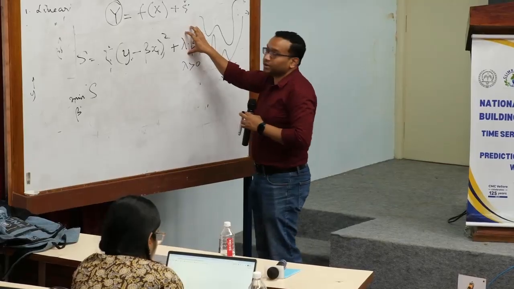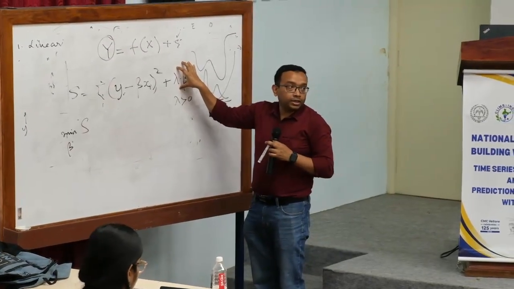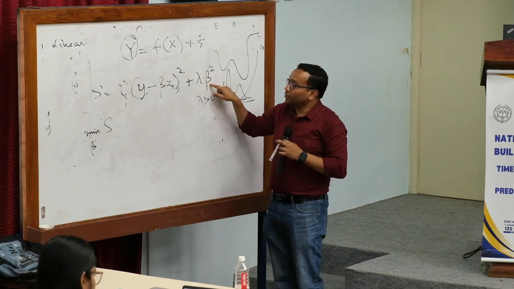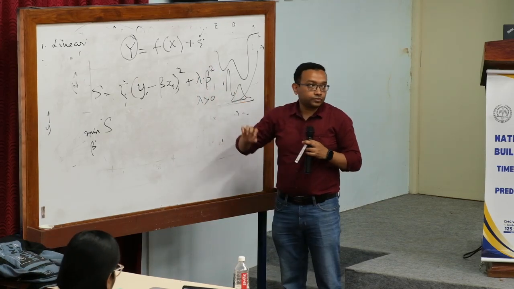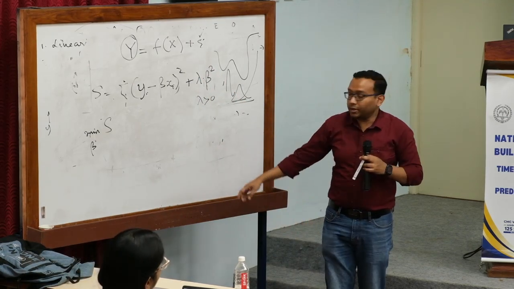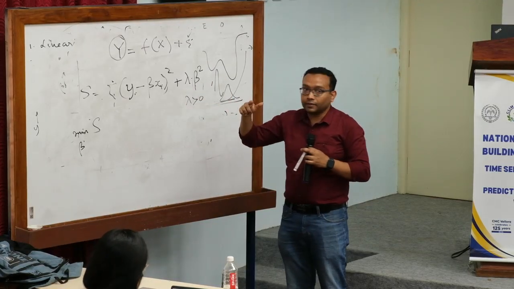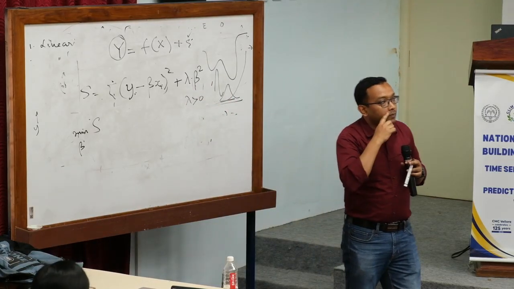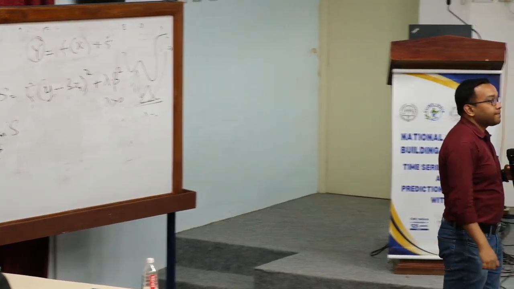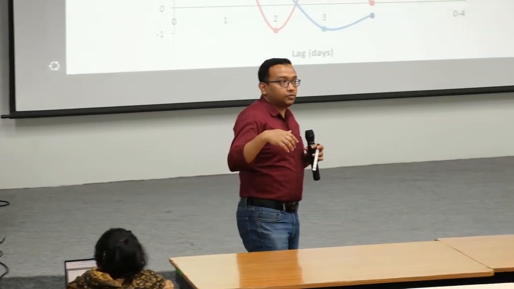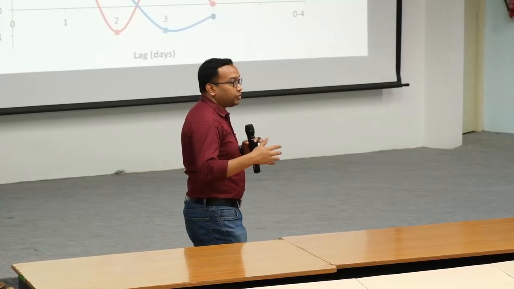So the problem comes here, right? There's a penalty. So what are you doing here? When will this become big? Lambda is positive. So when will this part become big? For what values of beta?